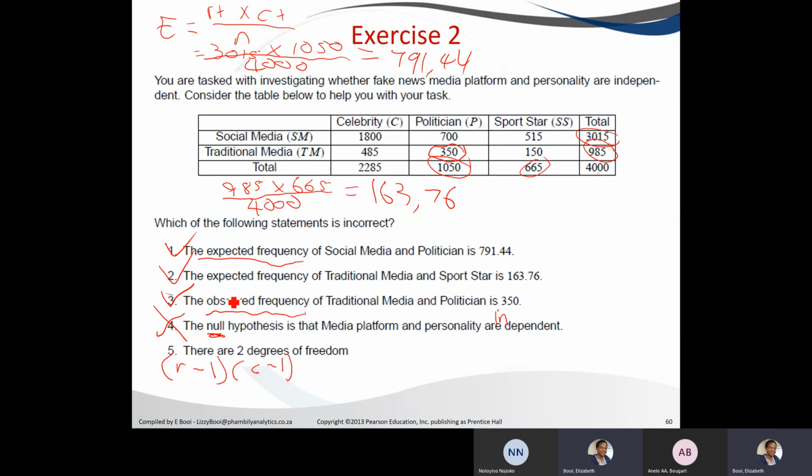Number of rows, we have 2 minus 1. Number of columns, we have 3 minus 1. Therefore, it will be 1 multiplied by 2, which is equal to 2. And that would have been correct. And that is how we do the chi-square test. And that concludes today's session.